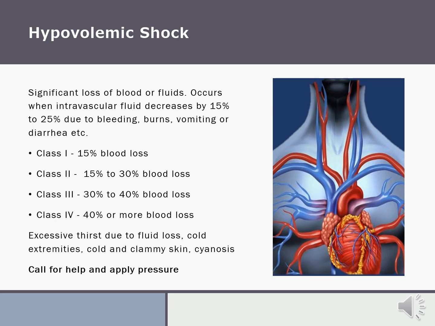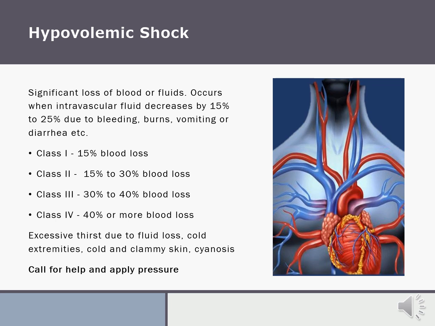Hypovolemic shock occurs when intravascular fluid decreases by 15 to 25%, equivalent to a loss of 750 to 1300 milliliters. This fluid loss can result from internal or external bleeding, plasma loss due to burns, or excessive fluid loss from conditions like prolonged vomiting, diarrhea, and medication use.